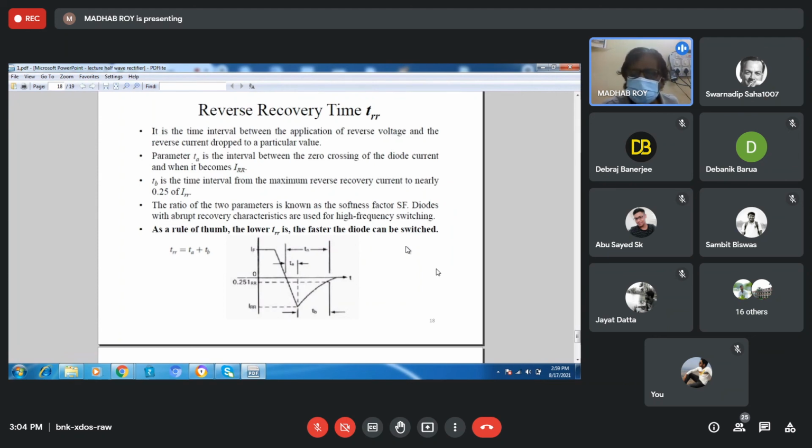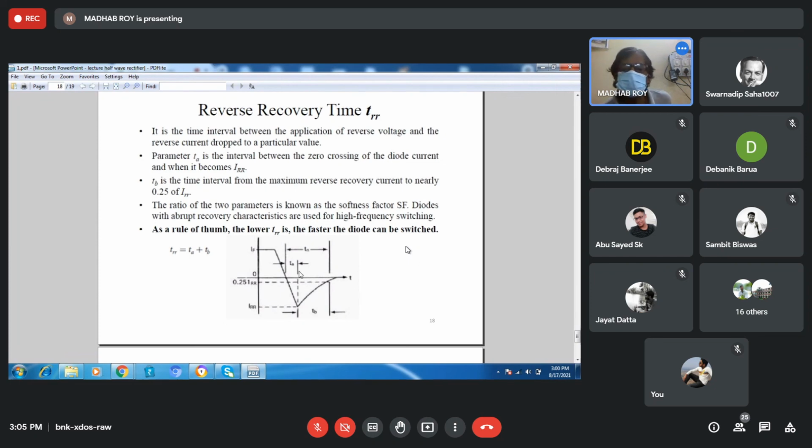But when we apply the reverse voltage, the reverse bias condition, then for the majority charge carriers it will be reverse bias, but for the minority charge carriers it will be forward bias. Got my point? Although the minority charge carriers are a very small amount, they will give a very small current.